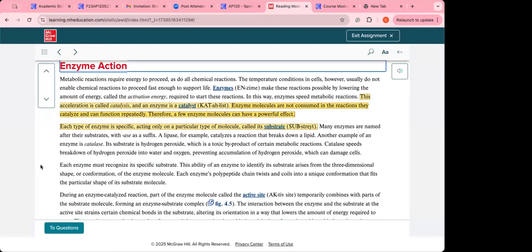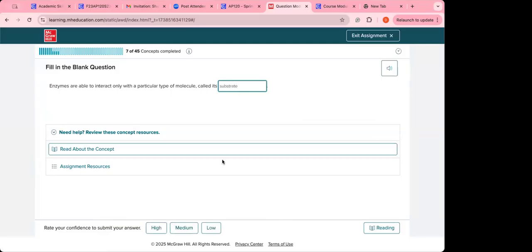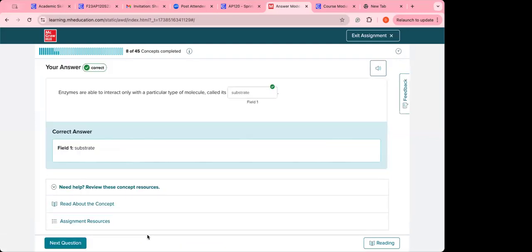Okay, so here, each type of enzyme is specific, acting only on a particular type of molecule called its substrate. Substrate. So that's the word that they want. Good.